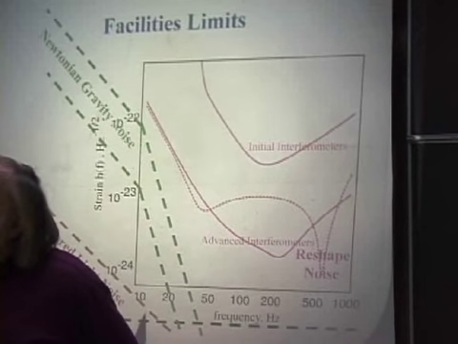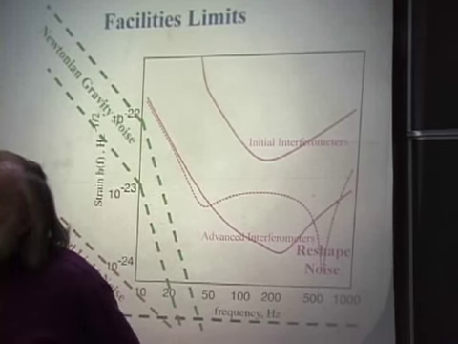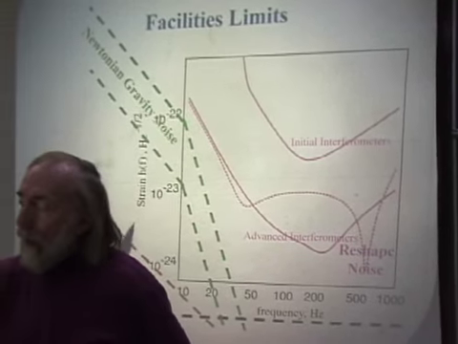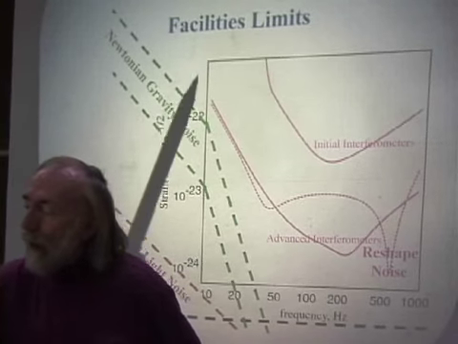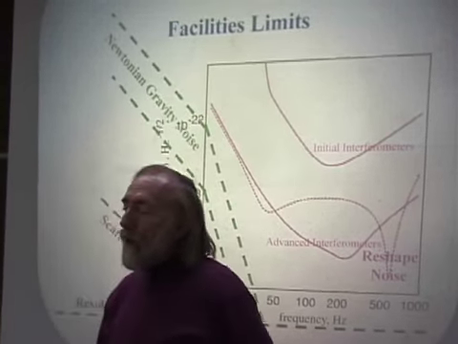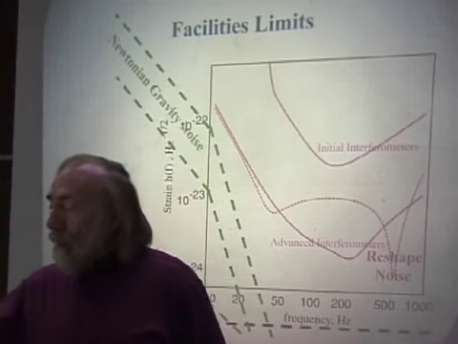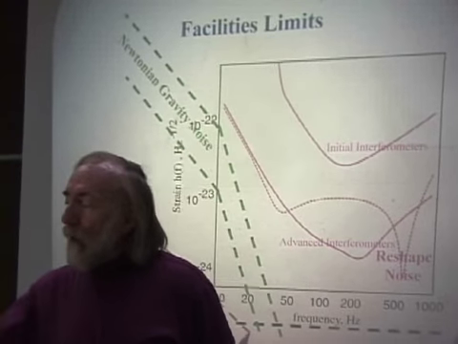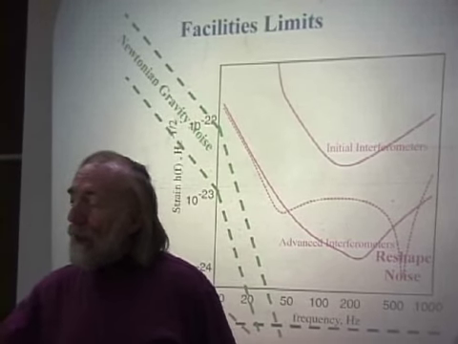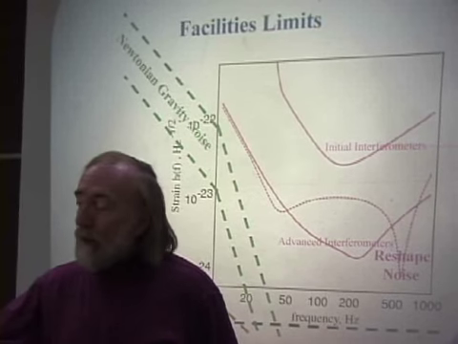And we're plotting frequency running from 10 hertz to 1,000 hertz, and square root of the spectral density of h running from 10 to the minus 4 per root hertz down to 10 to the minus 24 to 10 to the minus 21 per root hertz. But because we imagine in the future pushing below 10 hertz, I'm showing these facility limits going off to the left.